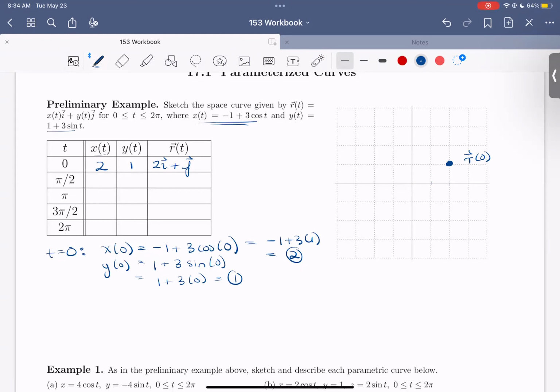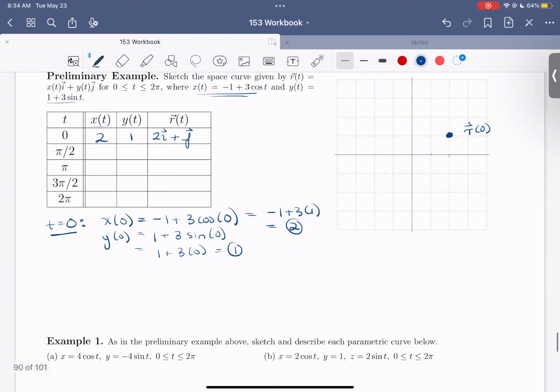Let's go ahead and do this for a few more t's. Let's try t equals pi over 2 together. We're going to plug in pi over 2 into our x and y functions. So x of pi over 2 is -1 plus 3 cosine of pi over 2.